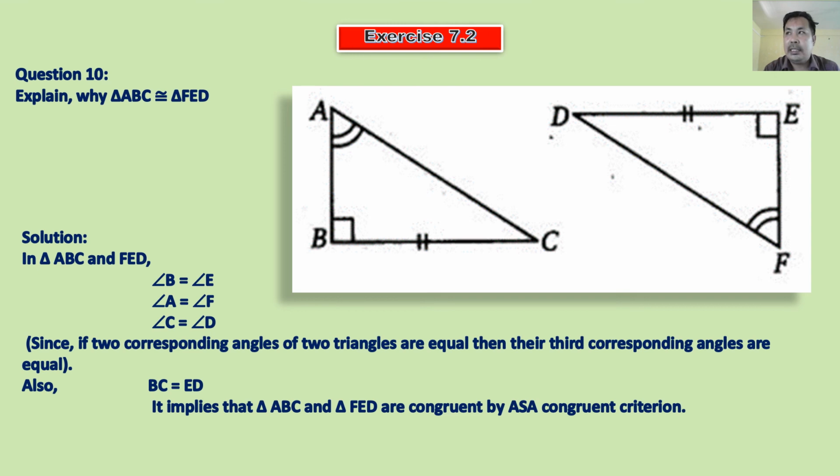But you must understand that if two angles are equal, then the third angle must also be equal. That's all. Clear? So we have the criterion and we prove that these two triangles ABC and DEF are congruent with one criterion, that is angle side angle. So this is the answer for question number 10, and with this we have completed chapter number 7 as well as the exercise of this chapter.